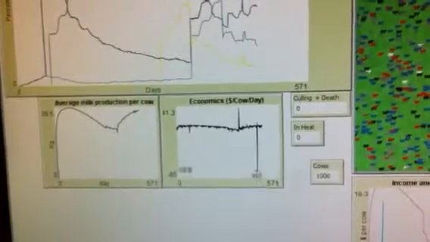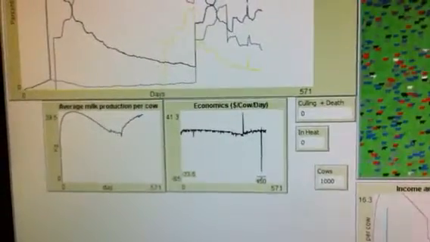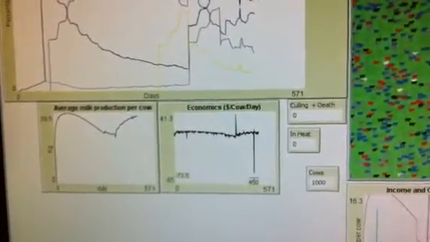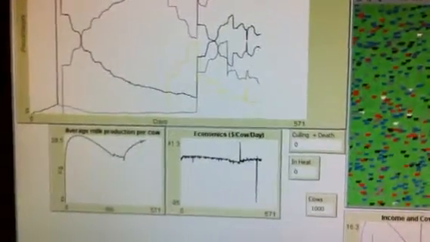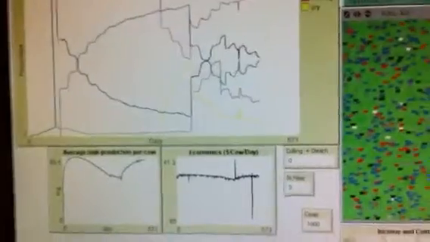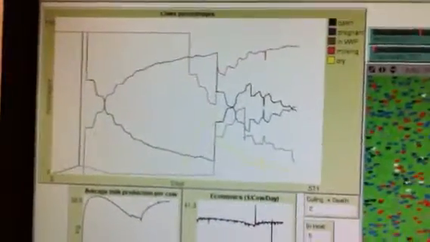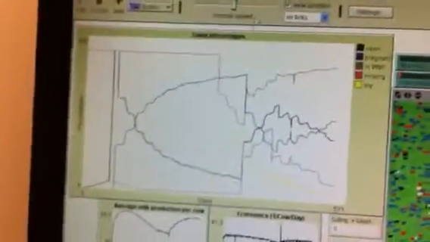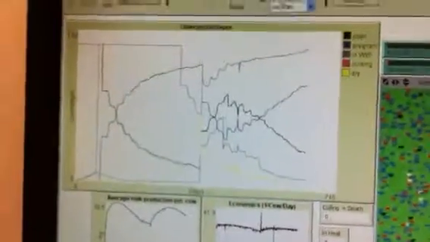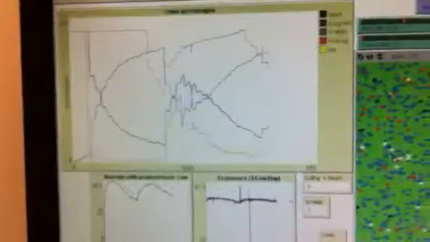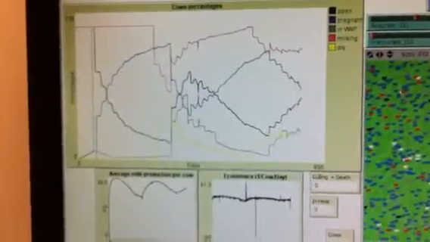So I lost about $73 per cow on that specific day. I'm going to hit go again, and now I'm going to speed up the model so things happen quicker. I'm going to let the model stabilize.